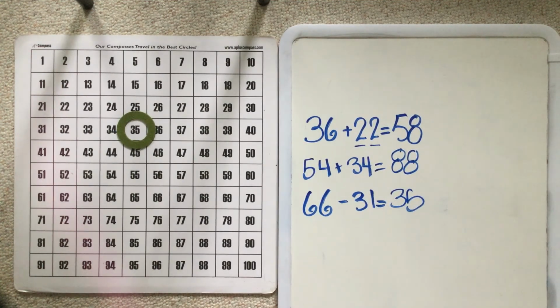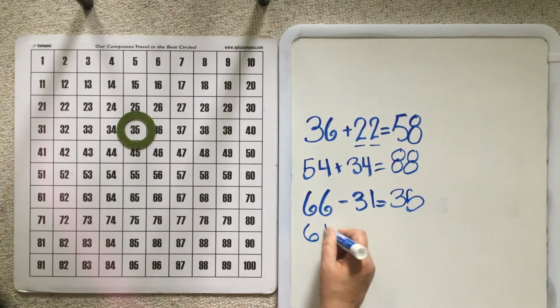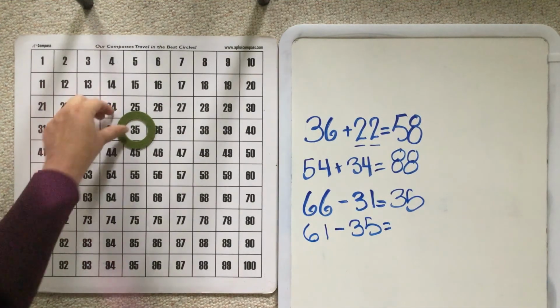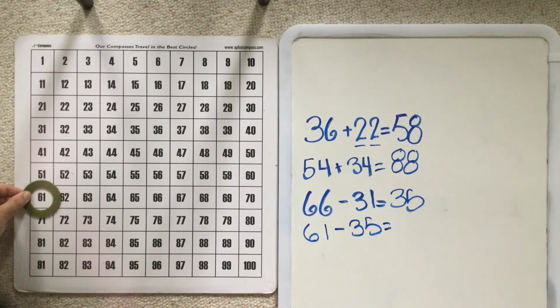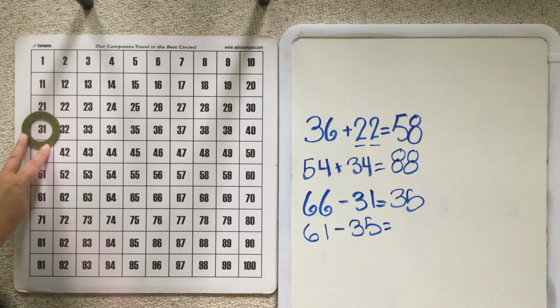This is fun. Let's try one more. Let's try 61 minus 35. Where's my 61? Here it is. How many 10s are in 35? I need to count back, that's it, 3. 10, 20, 30.